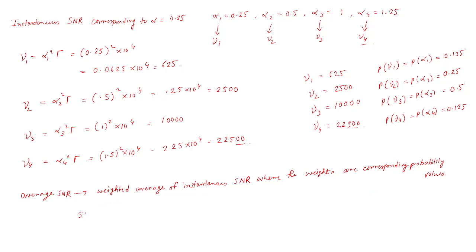If you call the average SNR gamma average, it is nothing but the sum of gamma instantaneous times probability of gamma i, over all i's.